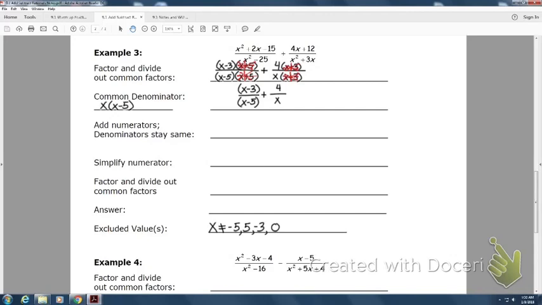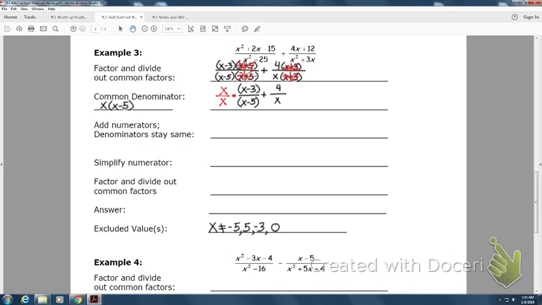So, Jacob, the first fraction, its denominator is missing what part of the common denominator? x plus 5. Oh, it's missing x. It's just missing x. So I'm going to multiply the first fraction by just x over x.